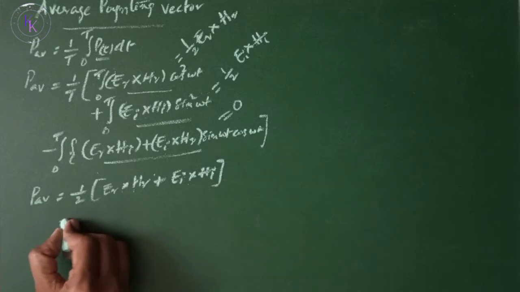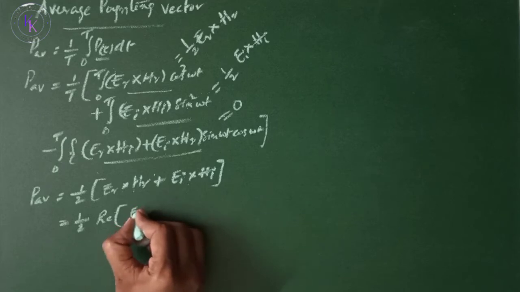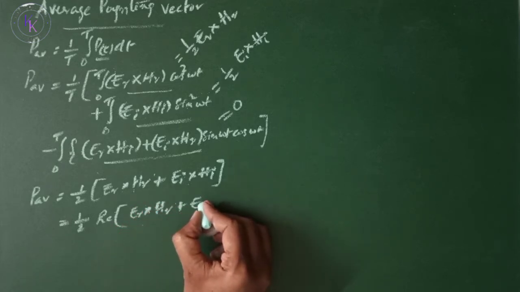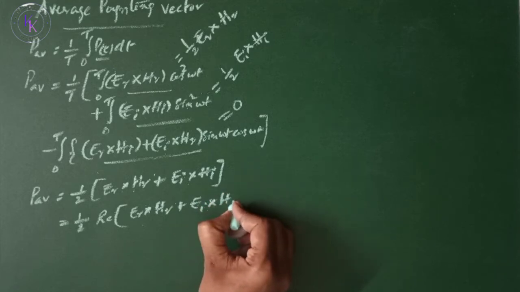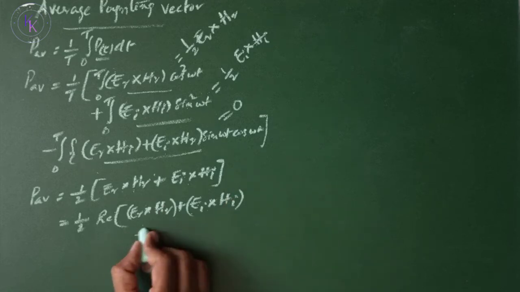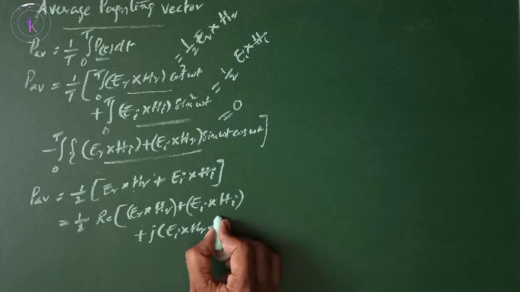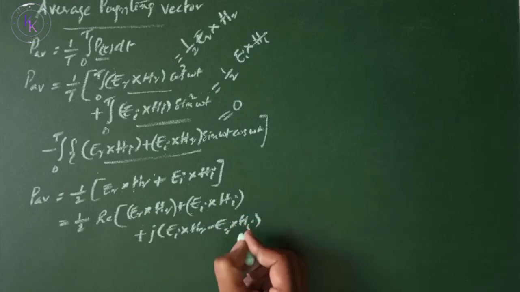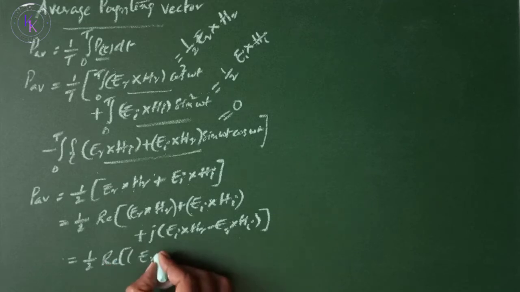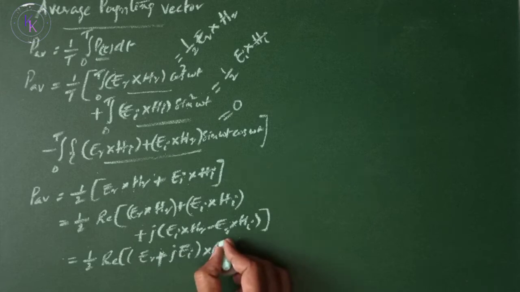Now this can be written as half the real term of (Er cross Hr plus Ei cross Hi) plus j (Ei cross Hr minus Er cross Hi).